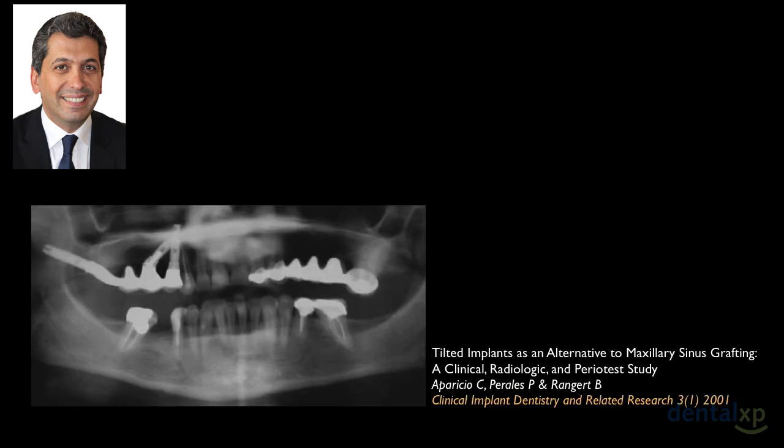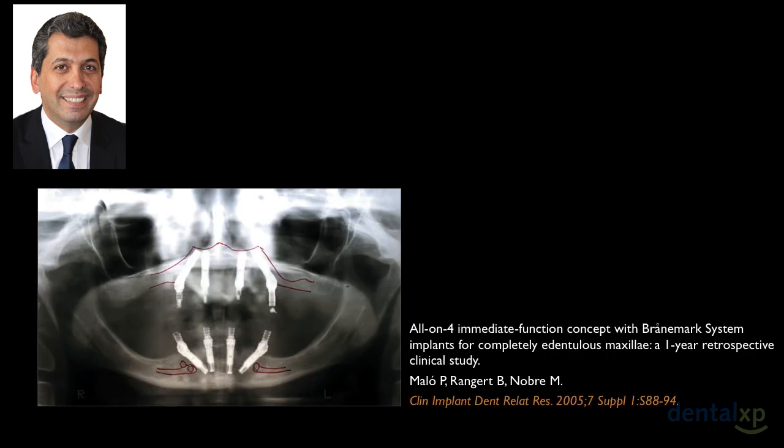Also today, tilted implants are still used and still fashionable. And we all know today that there is no problem for a tilted implant to osseointegrate and behave as normally as a straight implant. The problem may be with some biomechanical problems related to prosthetic rehabilitation, but these implants are an alternative to sinus floor elevation that actually work.